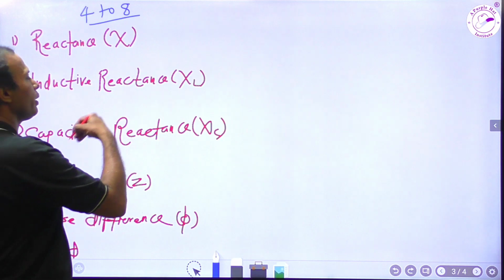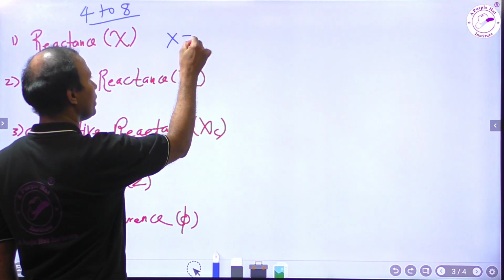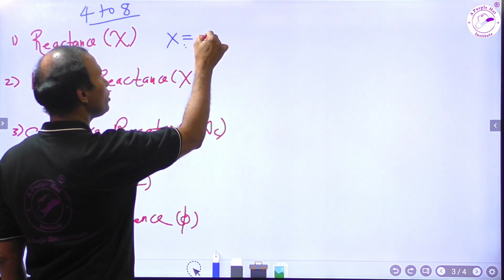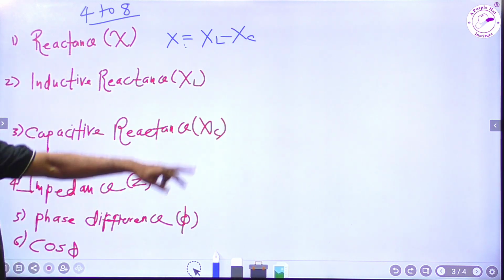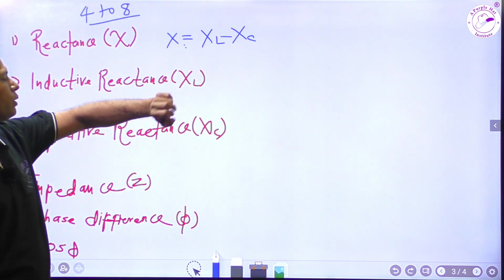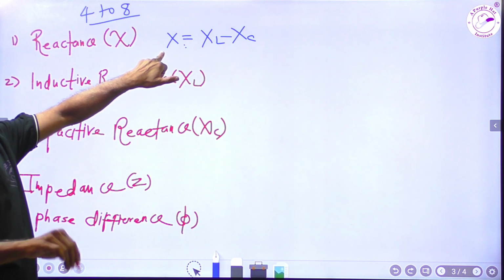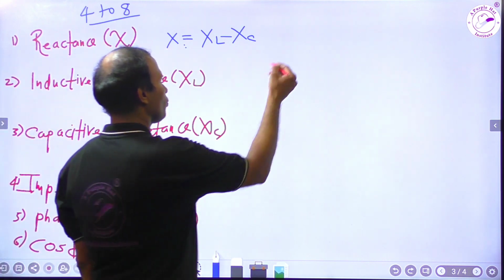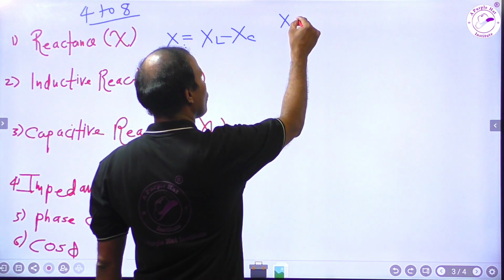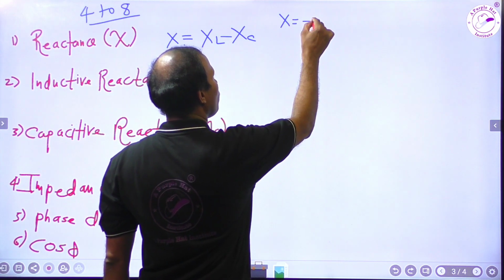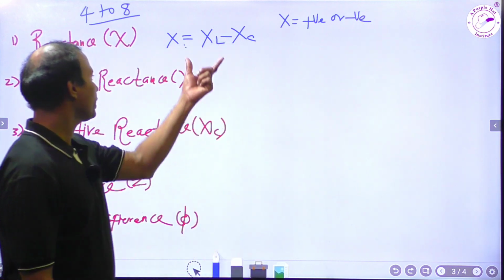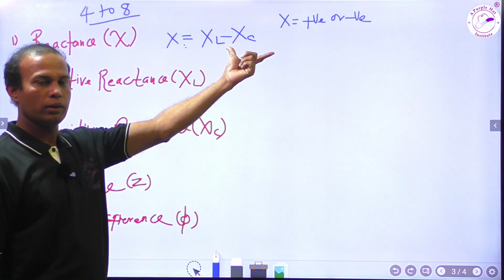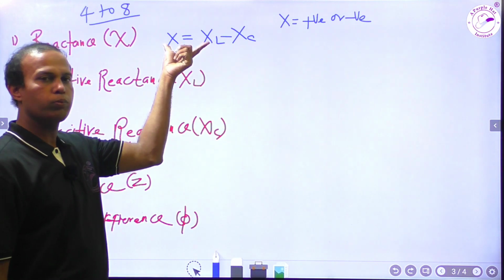So what is reactance? Net reactance X is generally the difference between inductive reactance and capacitive reactance. This is the inductive reactance, capacitive reactance. So X can be positive or negative. XL greater, XC smaller, this will be positive.